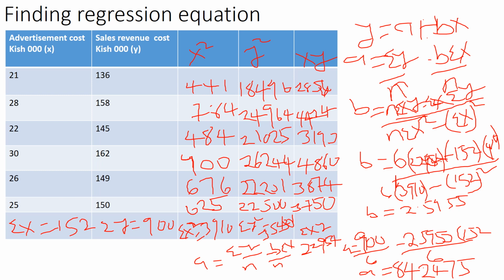The next thing we need is the equation, and then we can approximate the profit, or the sales, when the advertisement cost, or the value of x, is equal to 30,000.